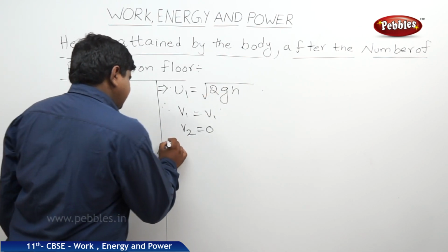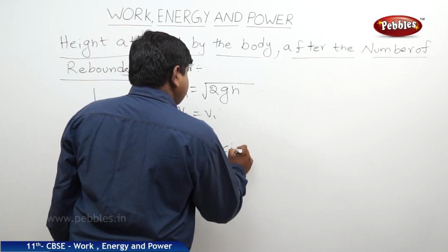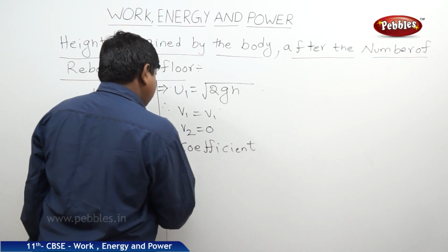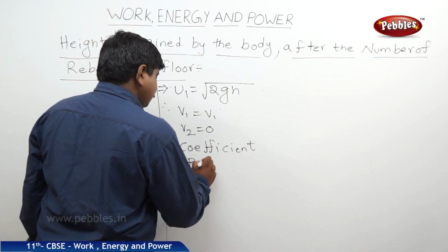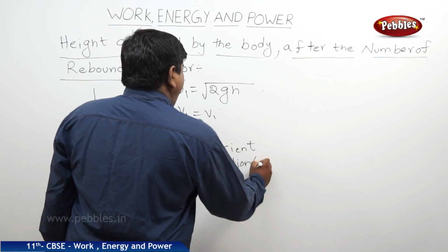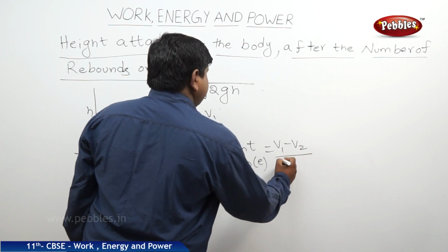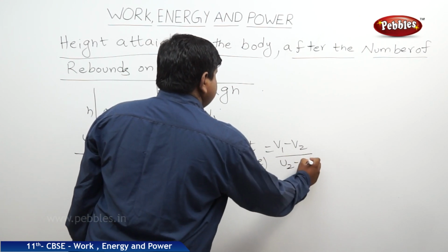So in this case, coefficient of restitution, small e, is equal to v1 minus v2 by u2 minus u1.